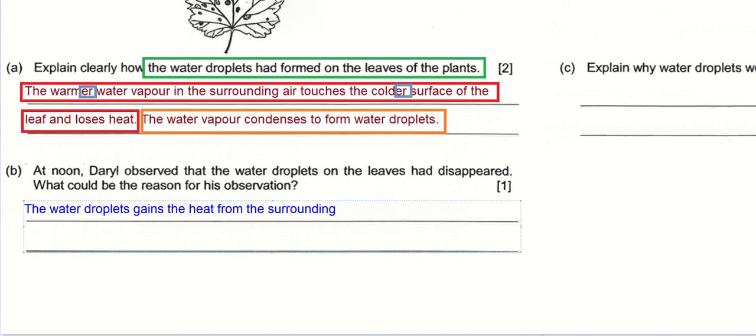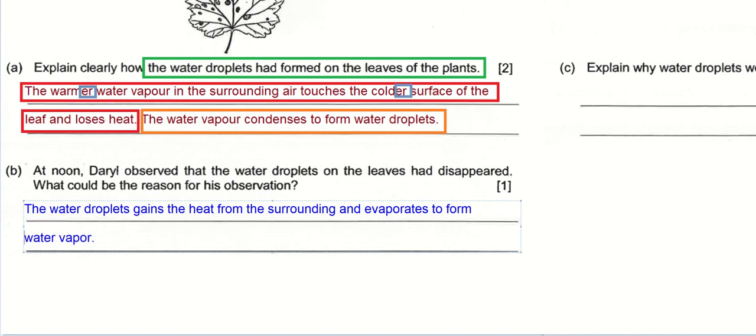And we know that when water droplets gain heat from the surrounding, they evaporate to form water vapor. Water vapor, right? So what?